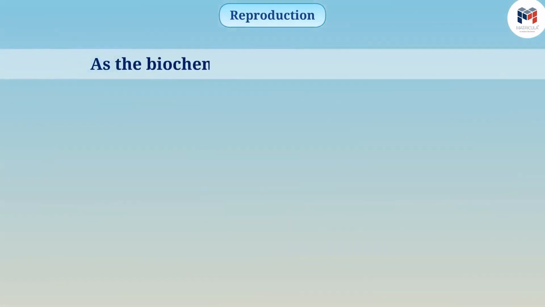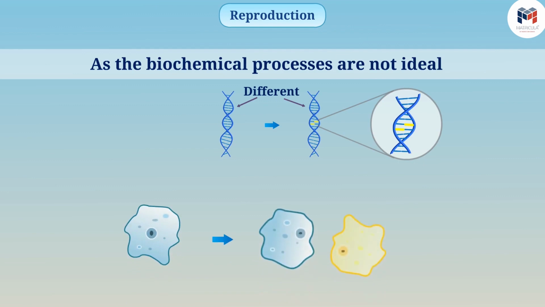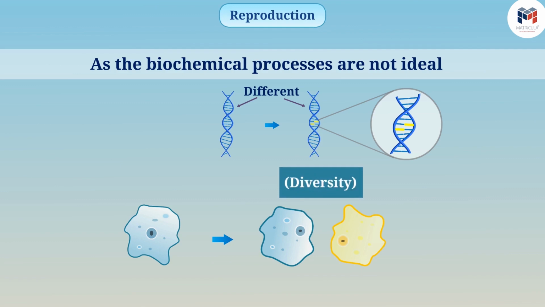As the biochemical processes are not ideal, we can see some differences between the replicated DNA and the parent DNA. Because of these variations, every organism in the population has some unique features which make it distinct in the population. We call it diversity.